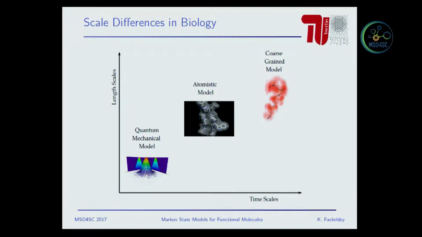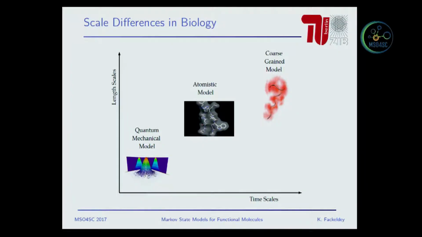And so this is the trade-off. On the one hand, I really want to do this with a high precision, but due to the computational burden of quantum mechanics, I'm not able to resolve the whole molecule. So I need a switch and a trade-off between all these methods.